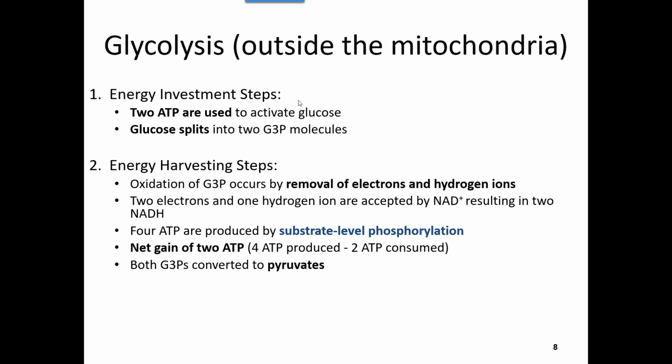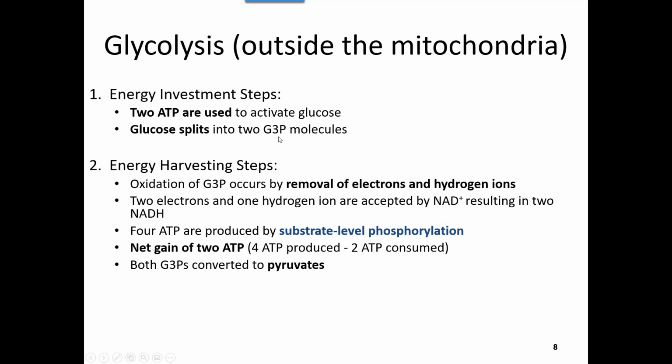So before we can start cellular respiration, we need to put a little bit of energy in just to get this thing going, and that's where we have 2 ATP. So before we make any ATP, we actually have to put a couple ATP in just to get this reaction going. And what that little bit of ATP is going to do, it's going to split glucose into 2. So it's going to evenly divide it into 2. And it's going to make 2 molecules called G3P.